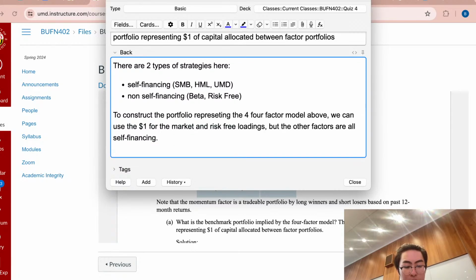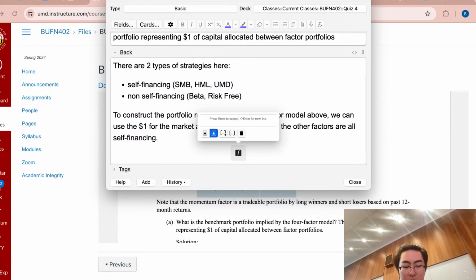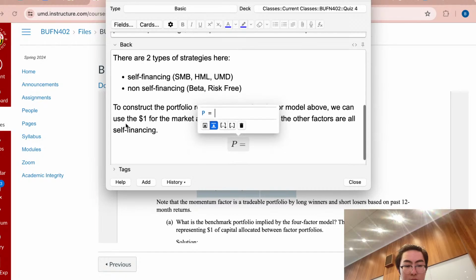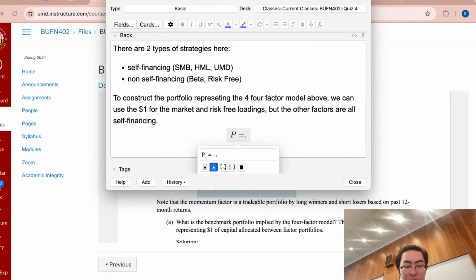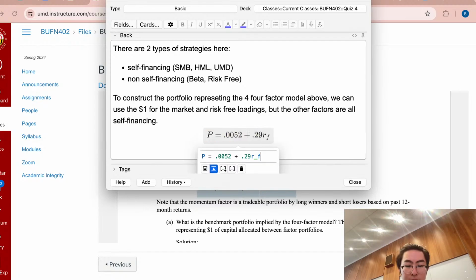So if we were to make a really long math equation, this would be 0.0052 plus 0.29 becomes the RF.